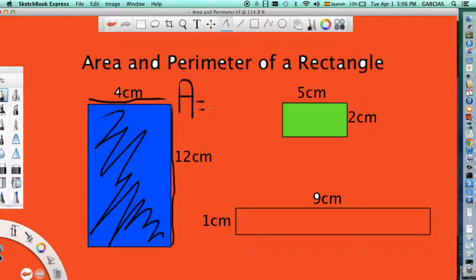So the formula is length times width. In this example, the length is 12 centimeters, which we will multiply times the width, which is 4 centimeters.